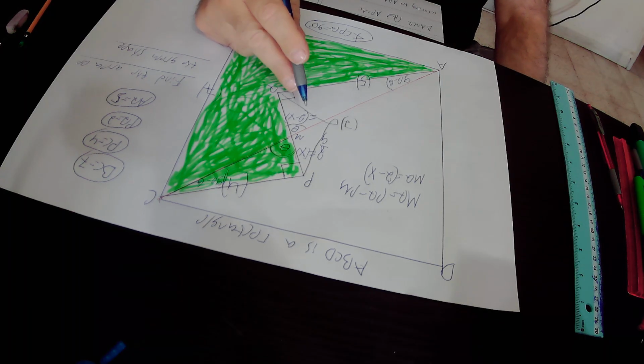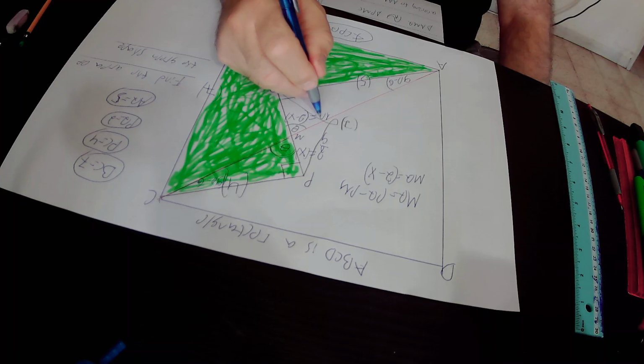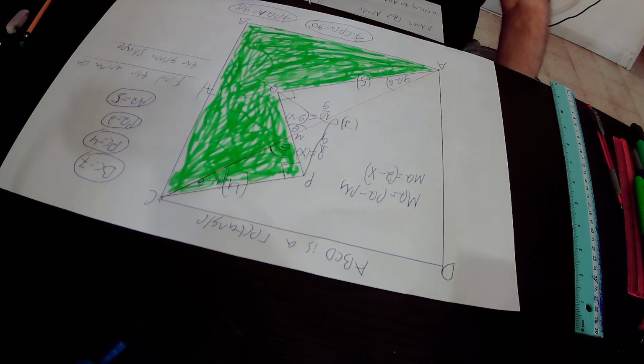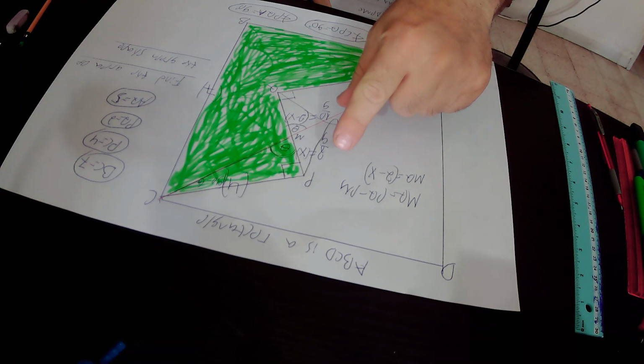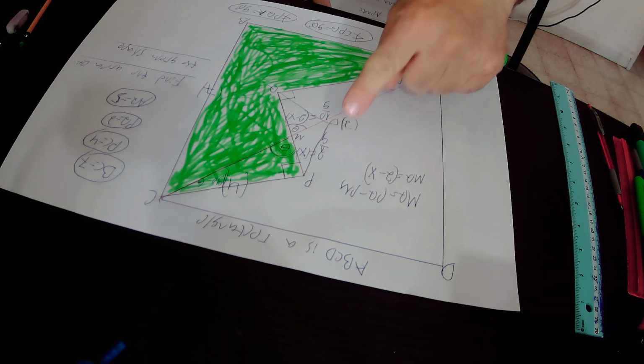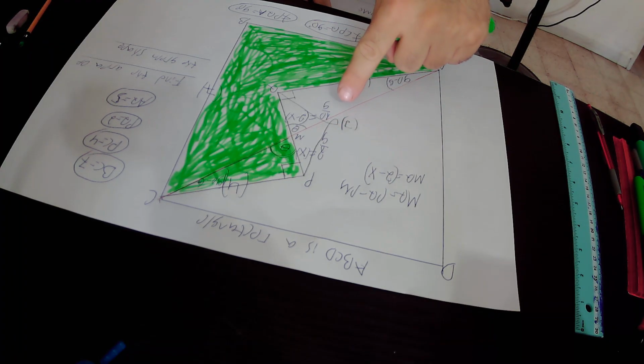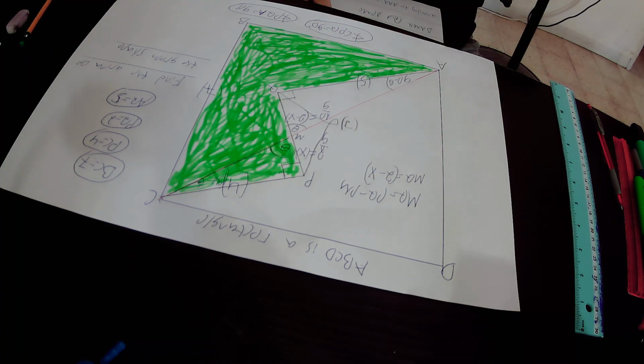And x is 8 ninths, so in total 2 minus x equals 18 ninths minus 8 ninths, which equals 10 ninths. So in conclusion, we found that PM equals 8 ninths and MQ equals 10 ninths. Okay.